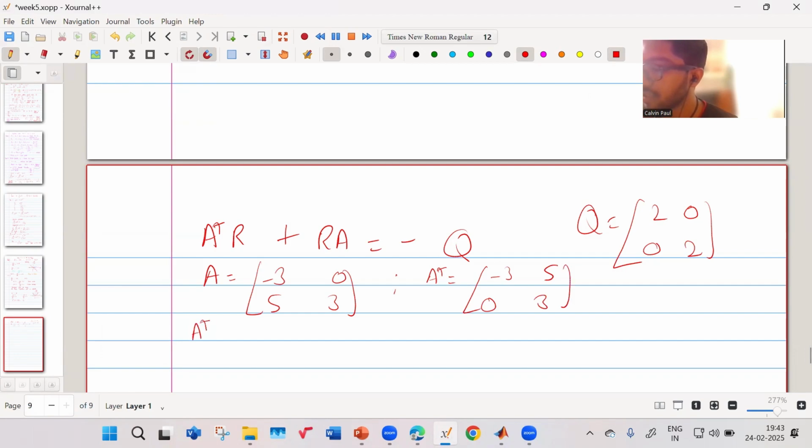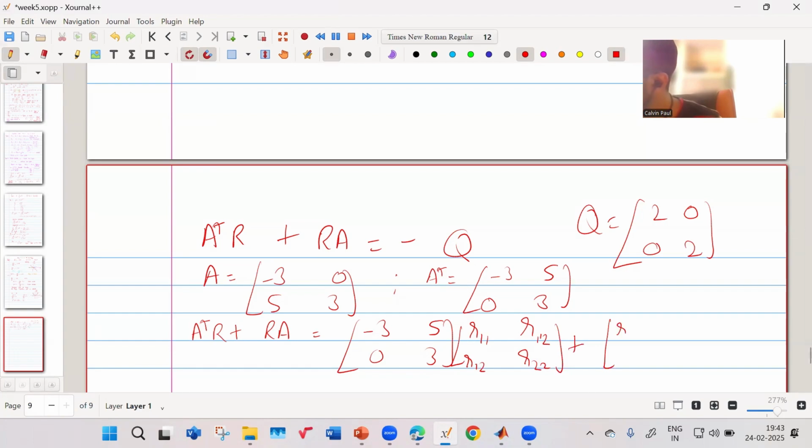So A transpose R plus RA is equal to minus 3503 times R11 R12 R12 R22, plus R11 R12 R12 R22 times A, minus 3053.